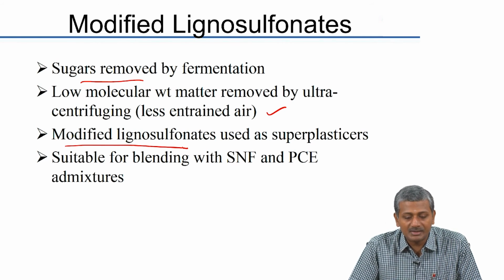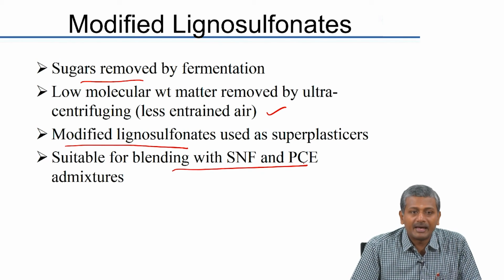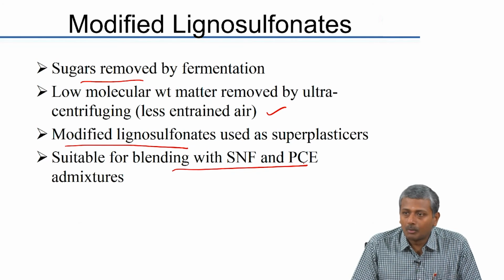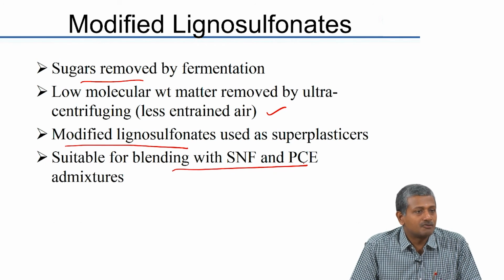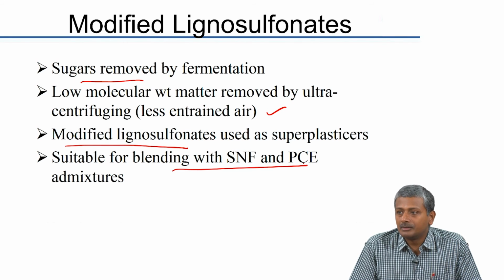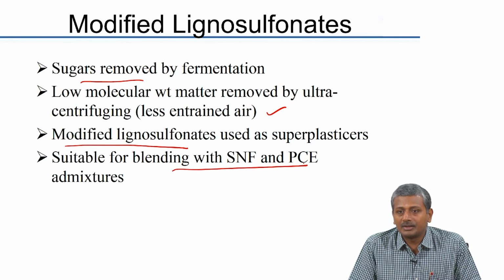And the advantage with these is they are suitable for blending with sulfonated naphthalene formaldehyde and PCE admixtures. Now, one of the problems that we encounter, which I will talk about later, is that when you use SNF or PCE, you may get a very quick loss of slump, especially in very warm climates, okay. To induce some retardation into it is usually beneficial.